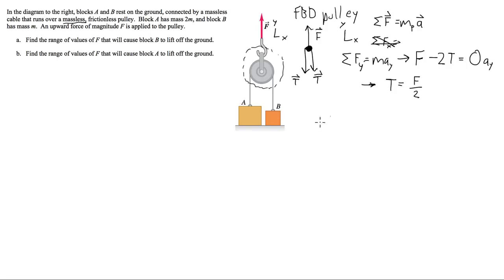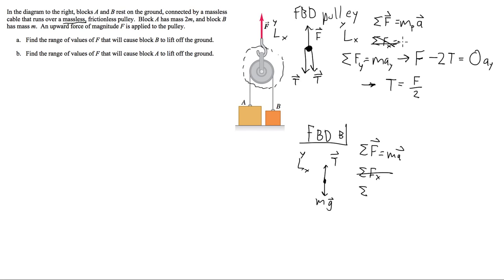So if you want to really go through and find it, let's do an FBD for block B. Block B has its own weight, which is its mass m times g, and then you've got the tension from this thing going up. And of course then sum of forces equals ma, and let me put coordinates on there, x and y. Sum of forces in the x direction, who cares?